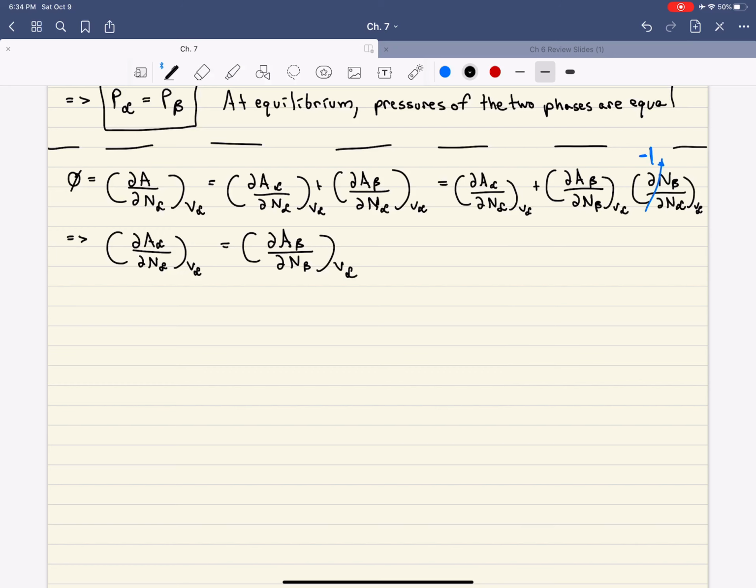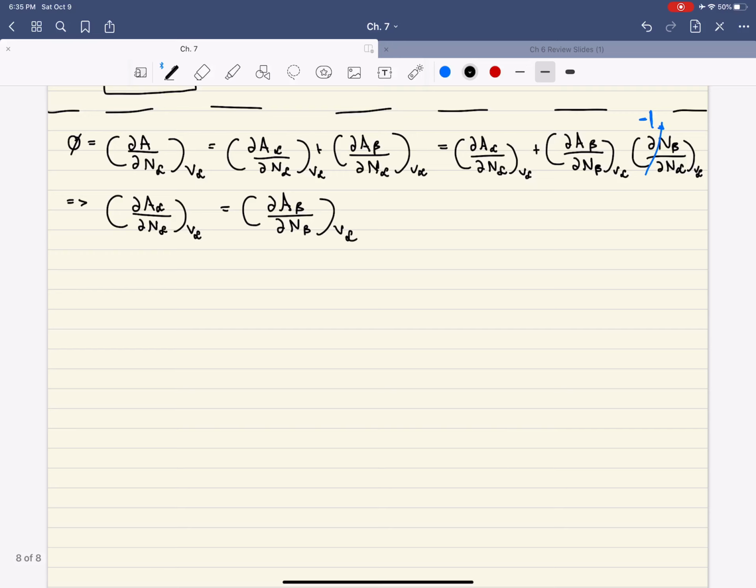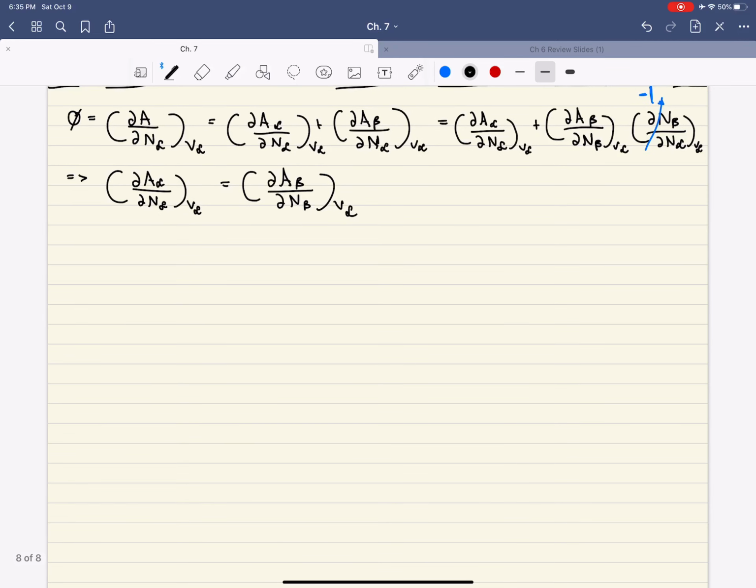All right? And so, in contrast to what we did before, in order to get more insight into what this relationship means, what we're going to do instead is look more into the Helmholtz equation. And so what we know is that our Helmholtz energy, A, we could rewrite in terms of the molar Helmholtz energy, which would be N A squiggly.